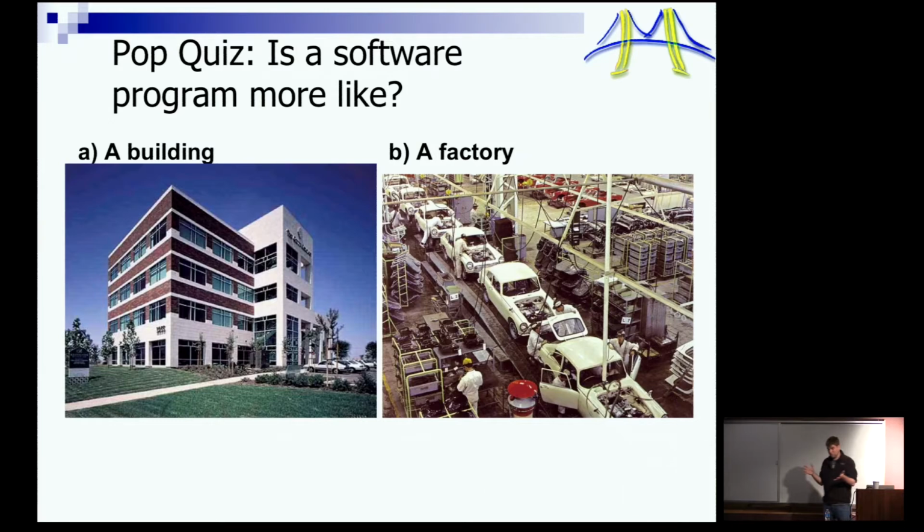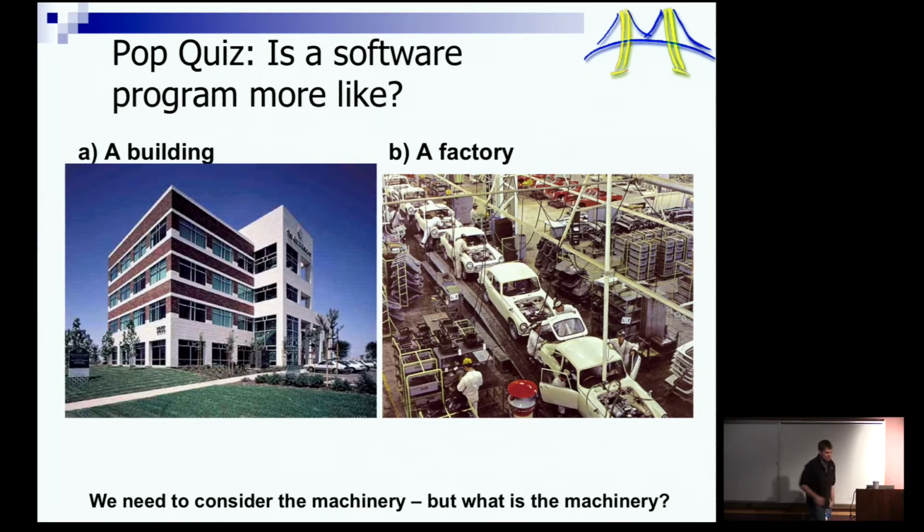So that's interesting because what that means is that the machinery in the factory matters, and it's something that we want to pay attention to now, given that we really care about computation, especially in this class. Okay, so what is the machinery, I guess, was the open question.